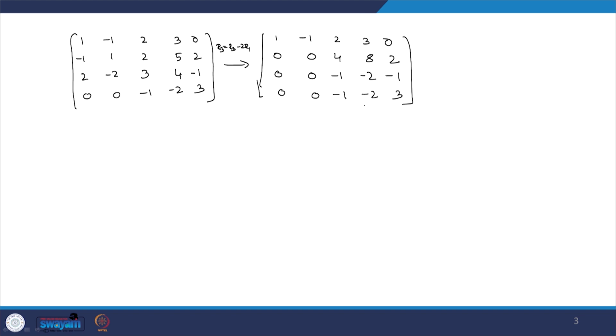In the next step, this is again 1, minus 1, 2, 3, 0. I can exchange the third row to here, so 0, 0, 1, 2, 1, and then the second row to the third one.